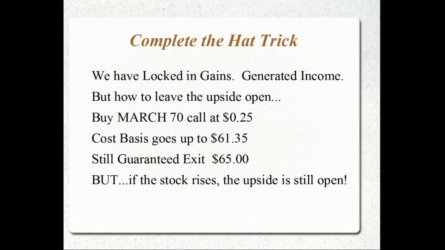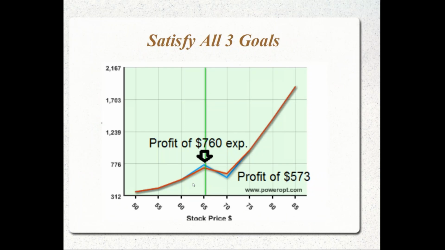Well, how about buying a March 70 call at 25 cents? I sold a March 65 for 90. If I buy a March 70 call for 25, I'm going to add back into the cost basis, so it's going to be $61.35. But remember, I'm still guaranteed to exit at $65. But if the stock rises, is our upside still open? Well, yes, it is. Okay, we've given our position here a little bit of a heartbeat.